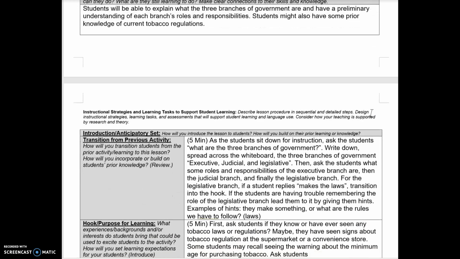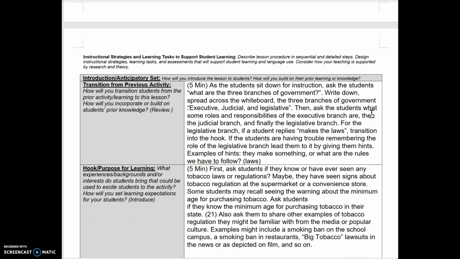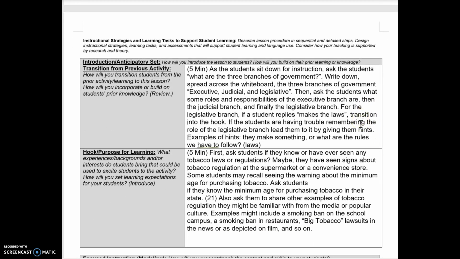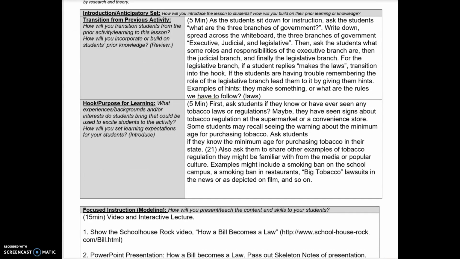All right, moving on to instructional strategies. Our transition from the previous activity will be to ask them what the three branches of the government are, and then what their roles and responsibilities are. Hopefully one of the students will answer that one of the key responsibilities of the legislative branch is to make laws. Once someone answers that, we will move on to the hook and purpose, where we'll introduce that we're going to be talking about tobacco regulations today.